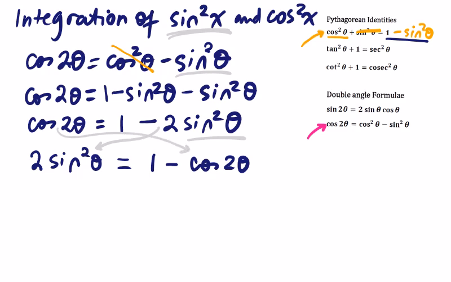So what happens now? We are almost ready to isolate sine squared theta, so all we need to do is divide both sides by 2.